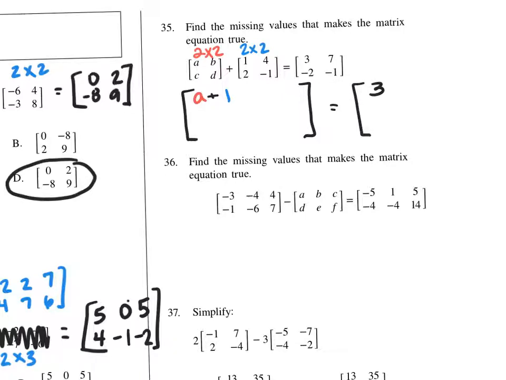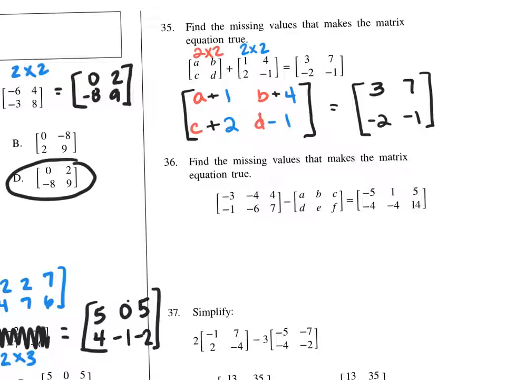Next, B plus 4, and those should equal 7. Then C plus 2, and that should equal negative 2. Then D minus 1, because you have the minus there, and that should equal negative 1.